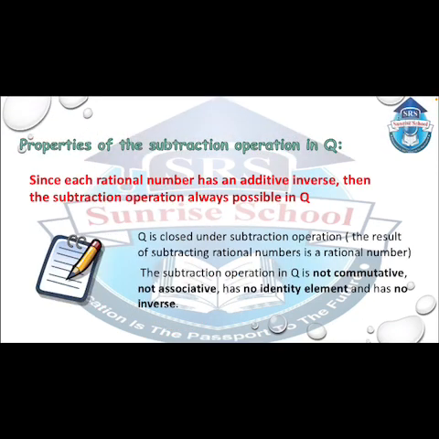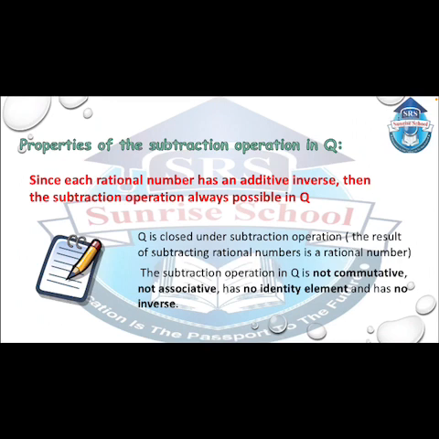Now the properties of the subtraction operation in Q. Since each rational number has an additive inverse, the subtraction operation will always be possible in Q. And remember that the set of rational numbers Q is also closed under subtraction.